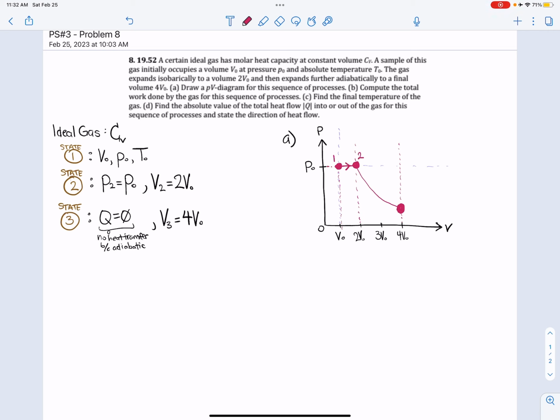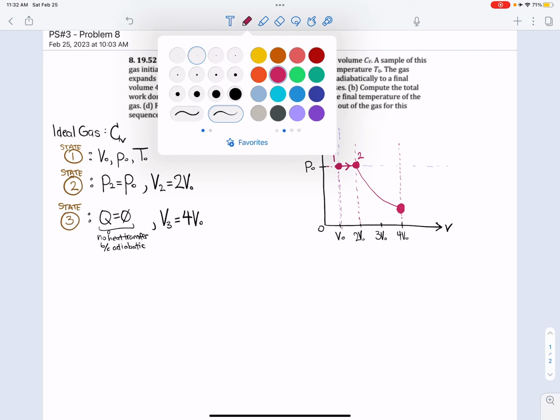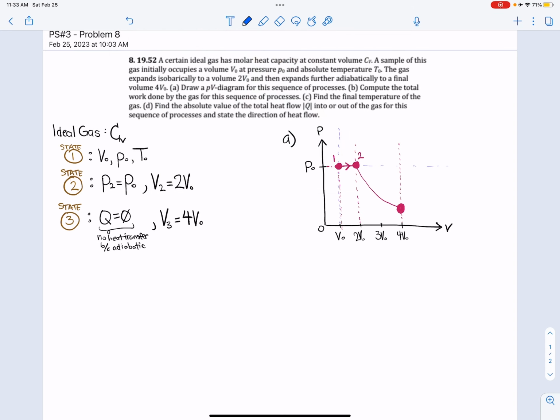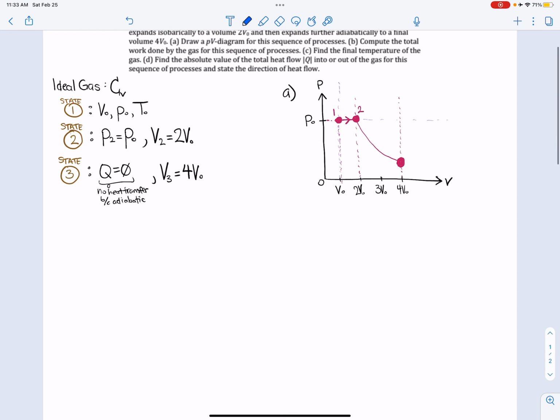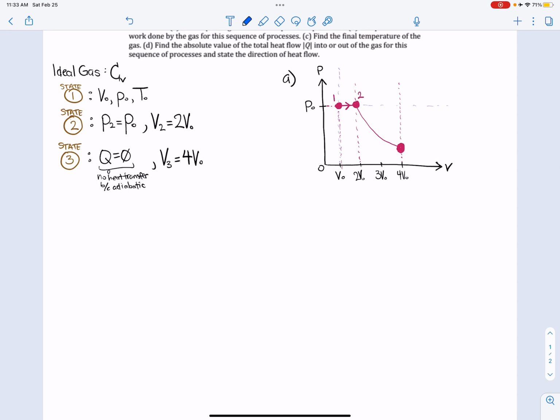So from chapter 19, section 8, adiabatic process for ideal gases, we have that formula. I'm going to use the color blue for all our side quests to find various things.